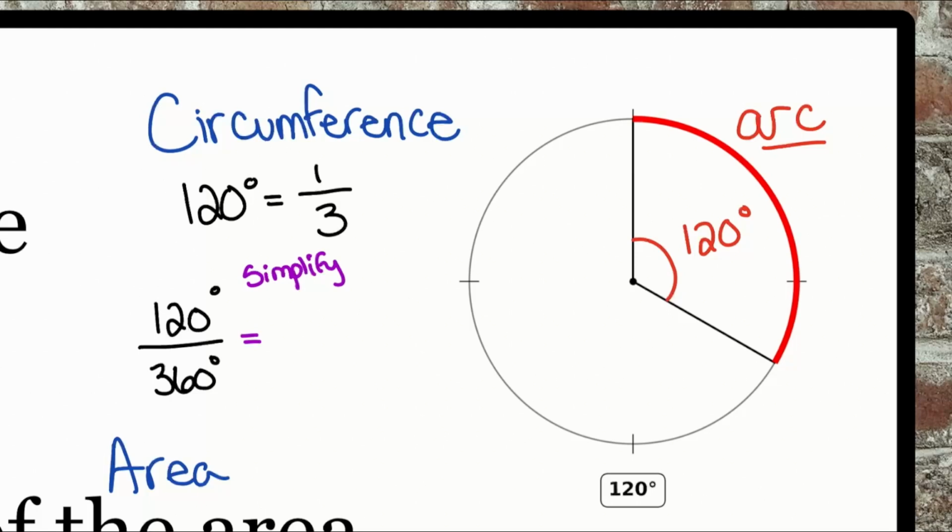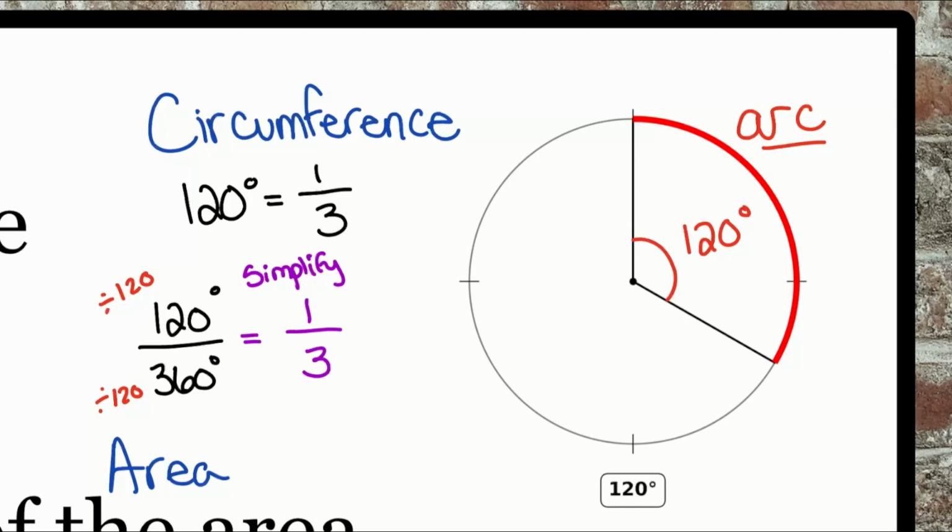How many times does 120 go into 360? 3 times. Exactly. Watch this. I can divide by 120 on the top and the bottom. And that is going to give us 120 divided by 120. That's 1. 360 divided by 120. That is 3.